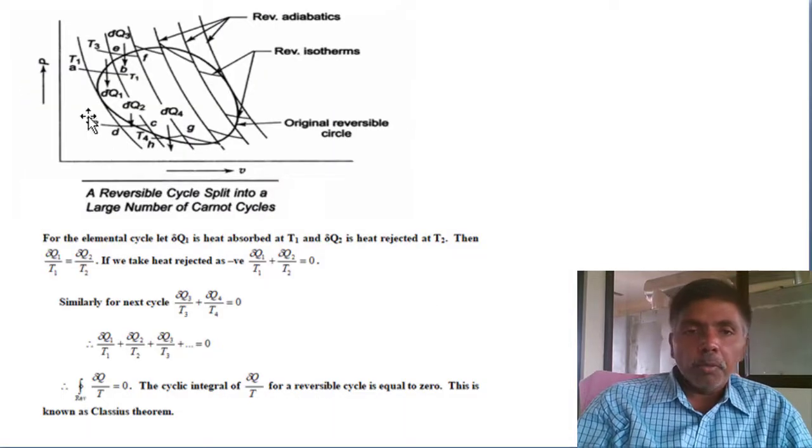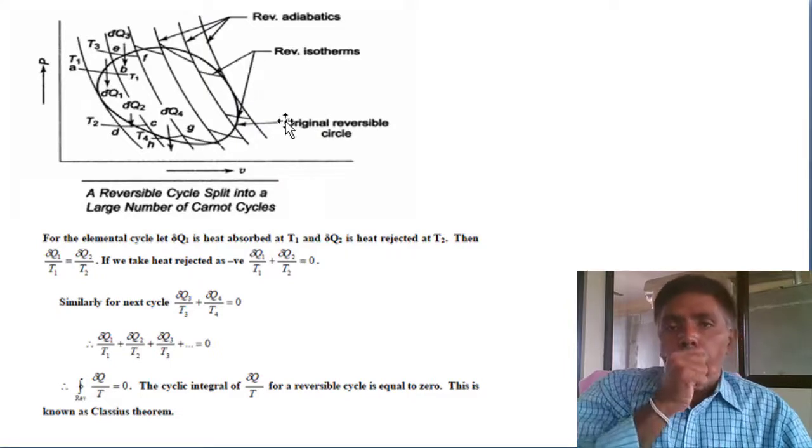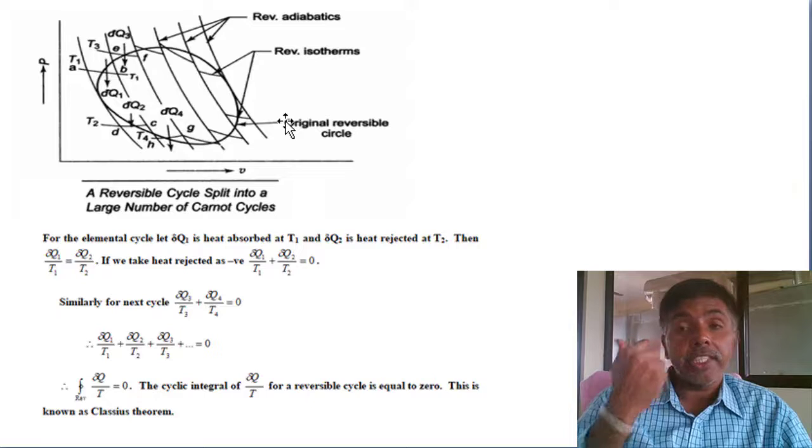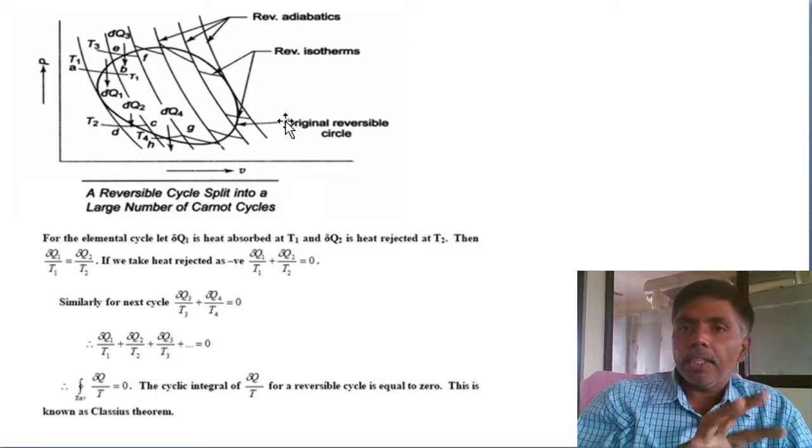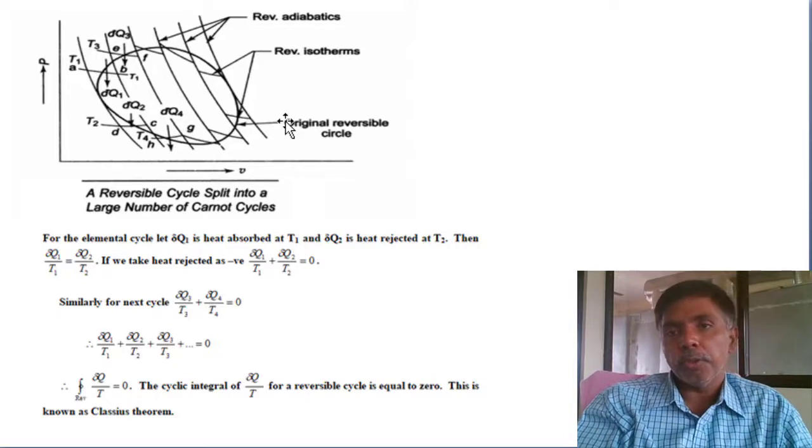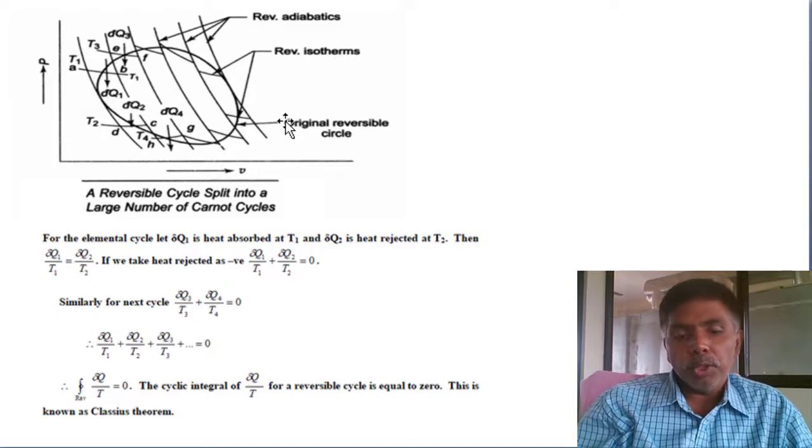Like that, take one more unknown cycle. It's a combination of processes forming one circle. It's an unknown combination of processes. I don't know, it's a cycle. Then what I am doing is dividing this cycle by adiabatic lines and intersecting by isothermal lines.